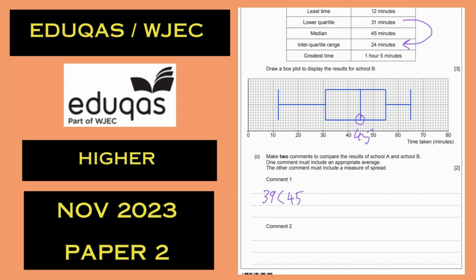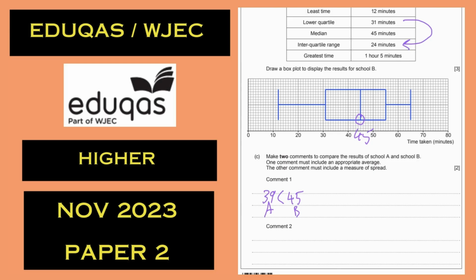So you've got the comparison. School A has a median of 39, school B has a median of 45. There's your sentence. On average, school A was quicker, or school B was slower, or had more time, etc., etc.